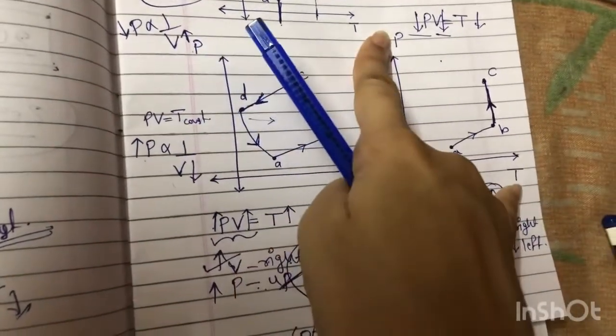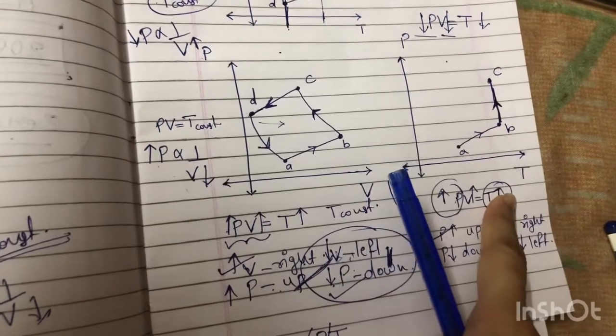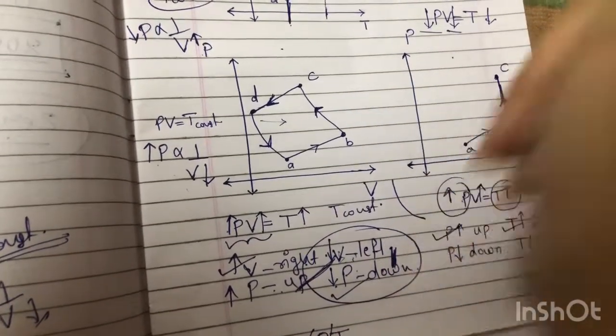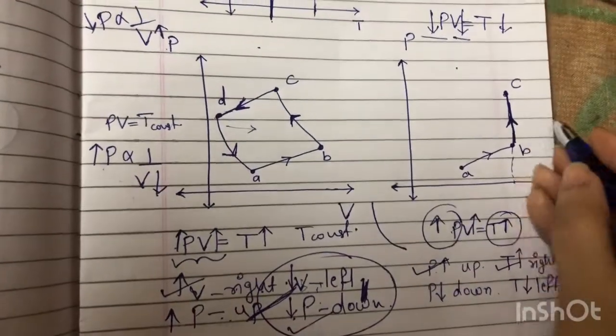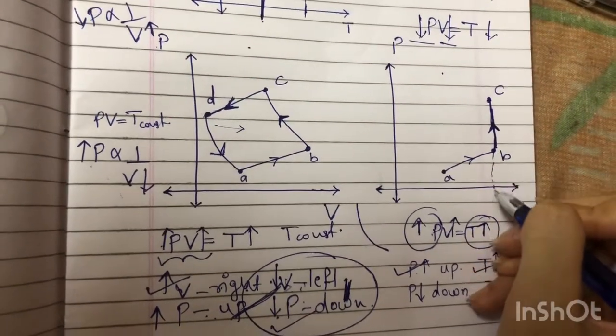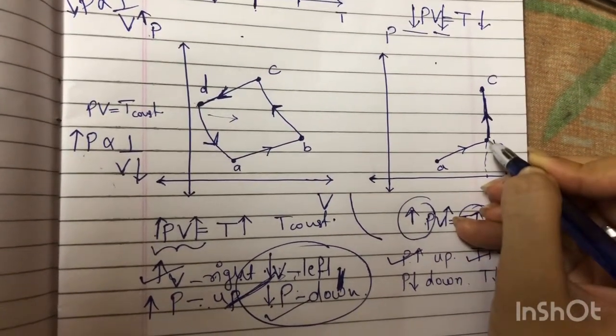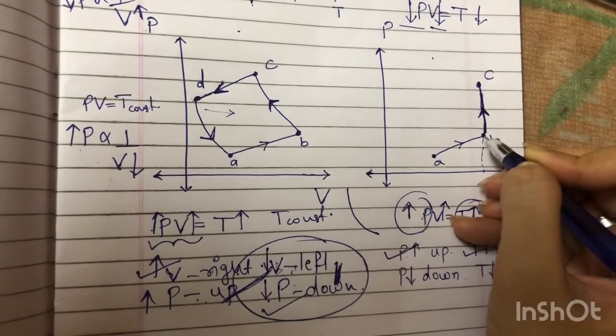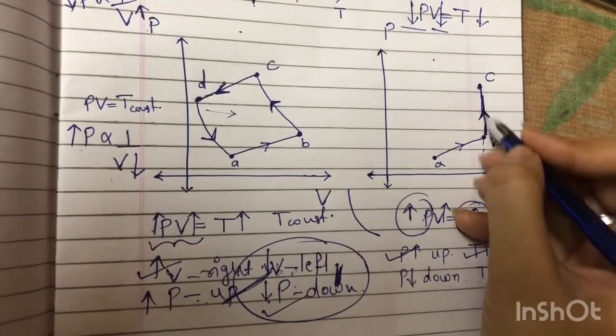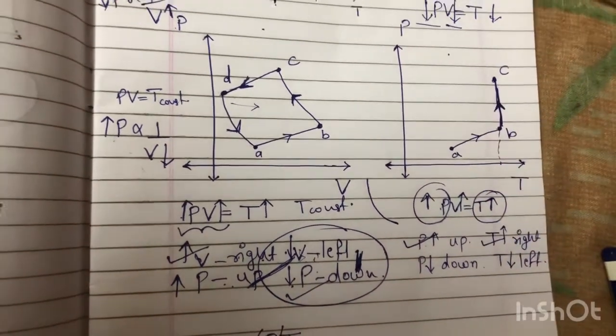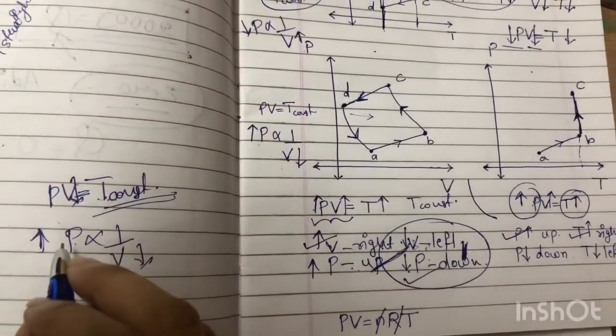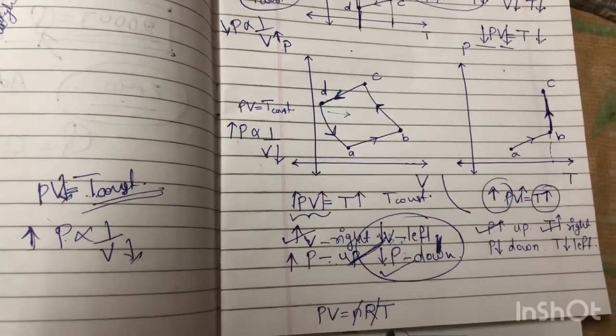But for P versus T, even if the temperature is constant, we will not draw a curve line, we will draw a straight line. If you notice here, the temperature remains constant when we move from B to C, only the pressure is increasing. As I have told you, pressure will increase, temperature will remain constant.